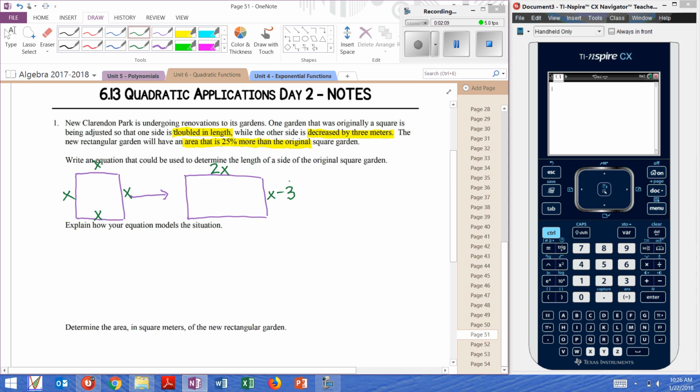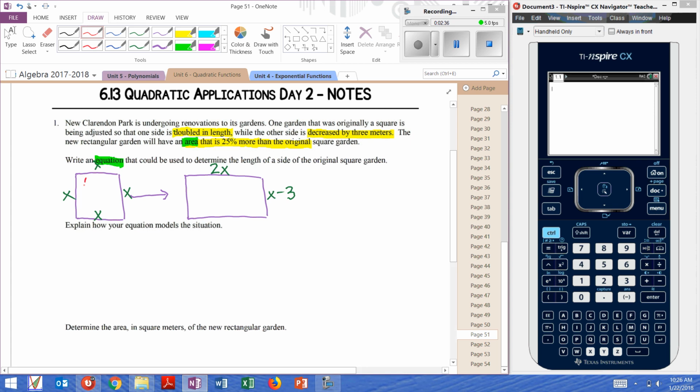Okay, so we have to write an equation. I'm kind of writing my pictures in this spot because I don't really have anywhere else to write them. We have to write an equation that could be used to determine the length of a side of the original square garden. I mean, looking at that just seems so overwhelming. So I'm going to look at what I have here. And I know I'm talking about areas, so let's just find the areas of each of my rectangles.